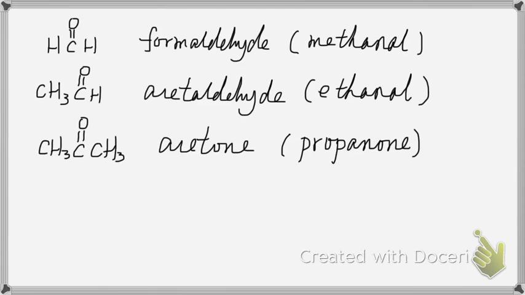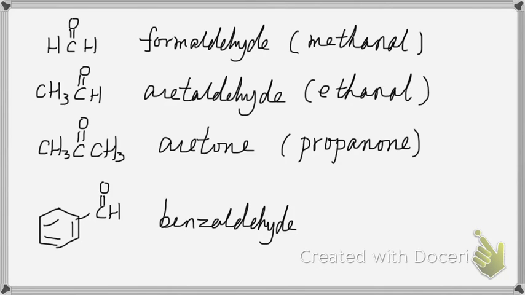The IUPAC name for acetone is propanone. All right. When the aldehyde group is attached to a benzene ring, this is benzaldehyde. So these common names, when you read the literature, you should know what they refer to.